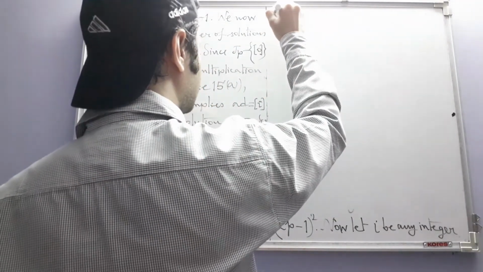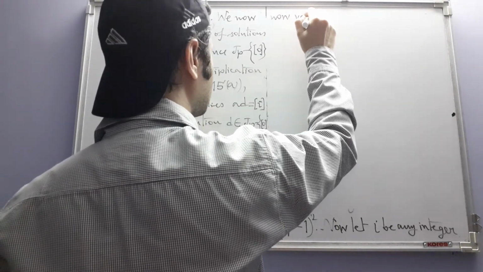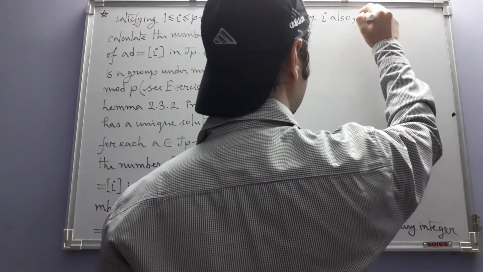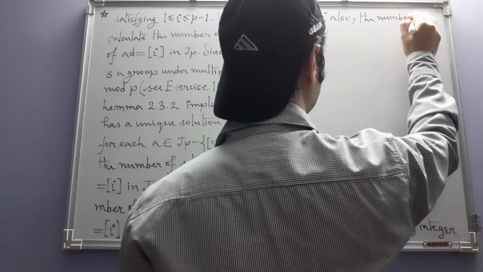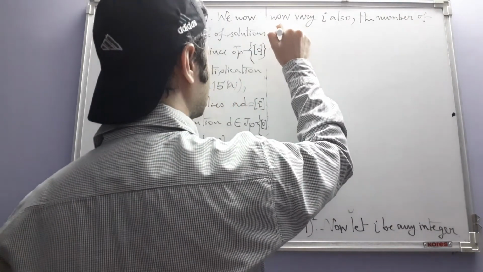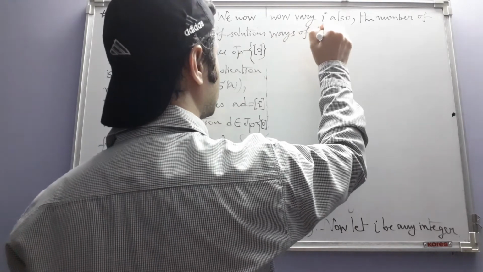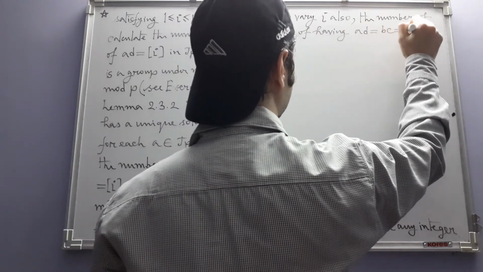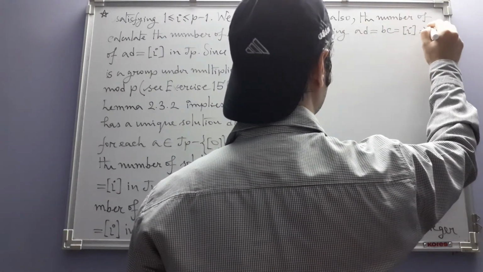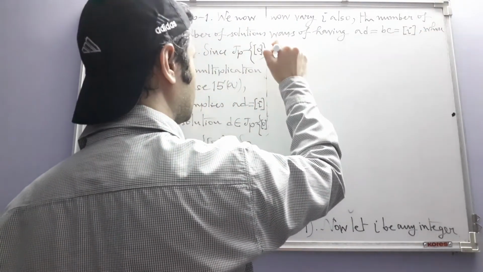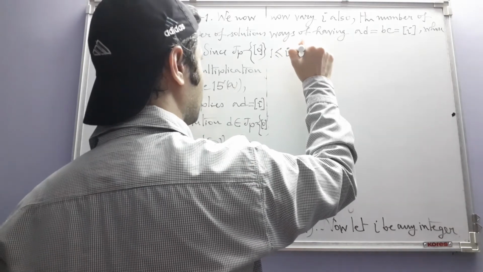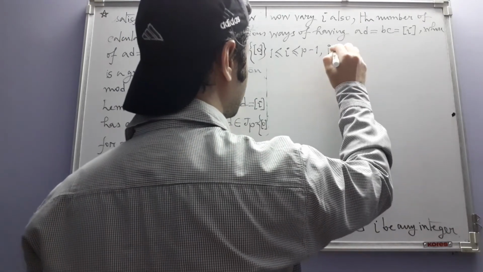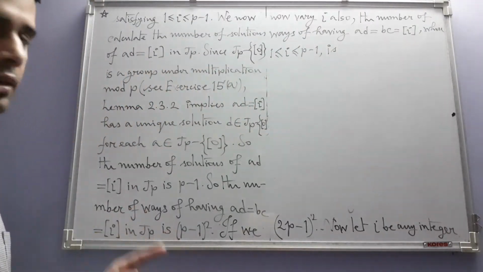If we now vary I also, the number of ways of having AD equal to BC equal to I, where I lies between 1 and p minus 1, is, okay, so how many choices for I?